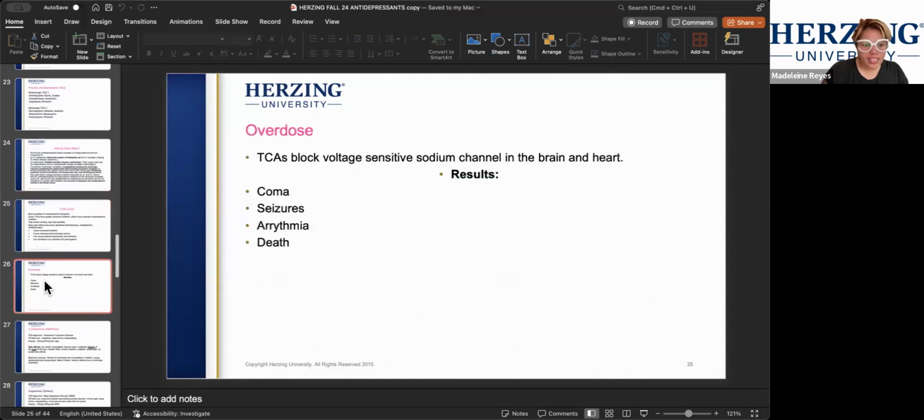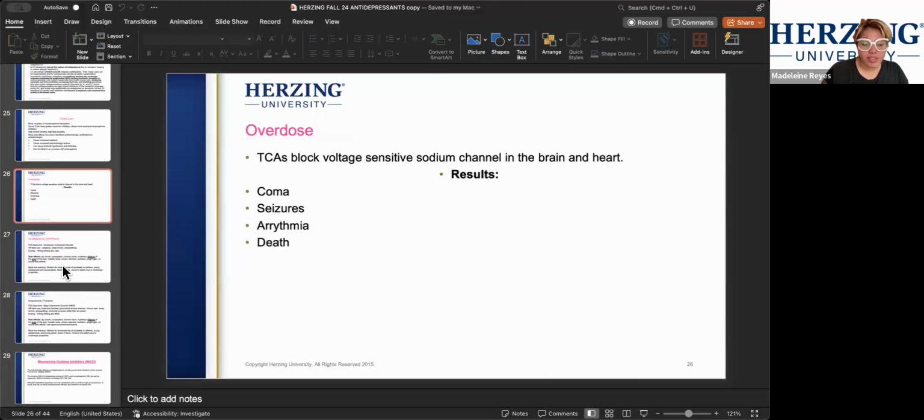So if a client has a severe history of suicide attempts by overdose, definitely TCA wouldn't be an option for me. Once the client overdoses on TCA, blocking voltage-sensitive sodium channels in the brain and the heart results in coma, seizures, arrhythmia, and death. And a seven-day supply in an overdose can be lethal.